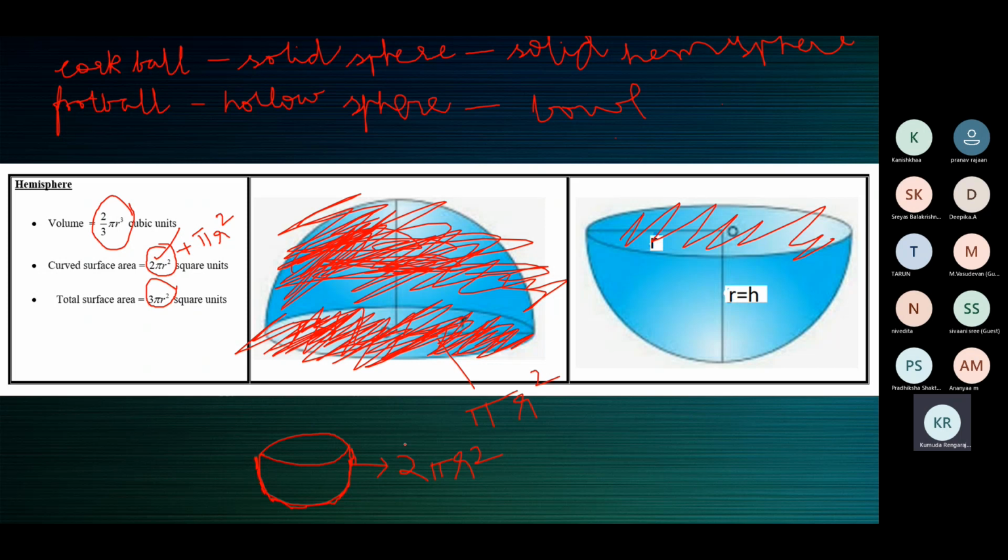So when you have a hemispherical bowl open at the top, the total area outside that can be painted is 2 pi r square, because only the curved surface area can be painted, which is 2 pi r square.